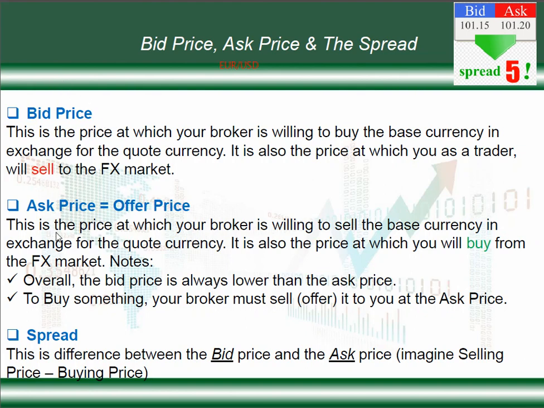The difference between these two, the price at which you bought and the price at which you sell, or the price at which you sold and the price at which you will buy back, is called spread. Think of it from a layman's perspective, using ordinary business or commerce. It's the same as the selling price minus the buying price.